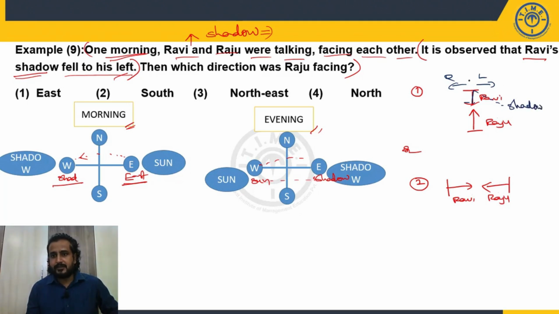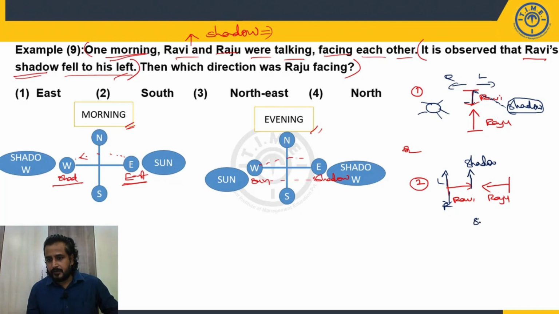So left side is given, right? So left side is shadow. It is observed that Ravi's shadow fell to his left only. So this is the left hand side. It is shadow, and shadow's opposite is sun. Now come to this case. Ravi is here. It is the left hand side and it is the right hand side. So the left hand side is shadow.